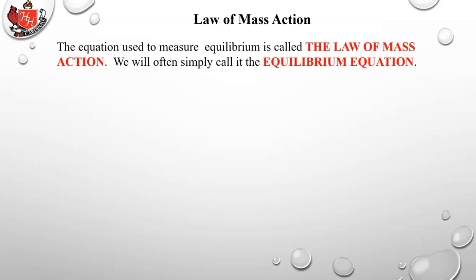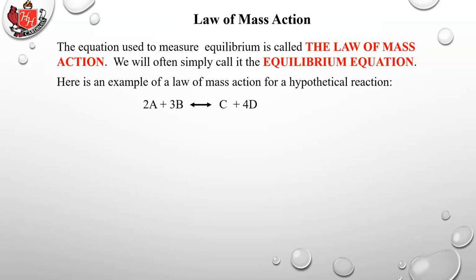The equation used to measure equilibrium is called the law of mass action. Often we'll simply call it the equilibrium equation. So here's an example of a law of mass action for a hypothetical reaction. You have 2A plus 3B on the reactant side, and that produces C plus 4D on the product side.